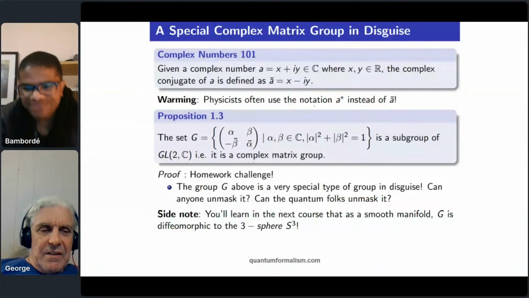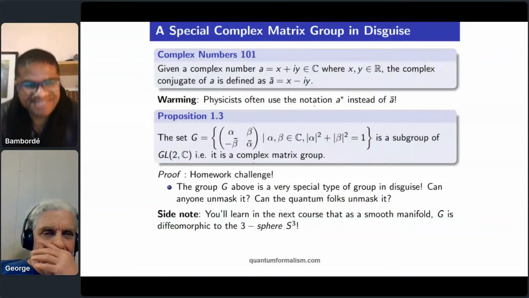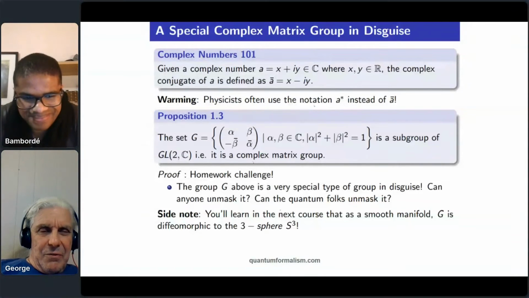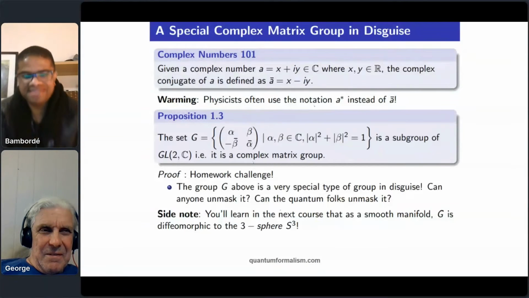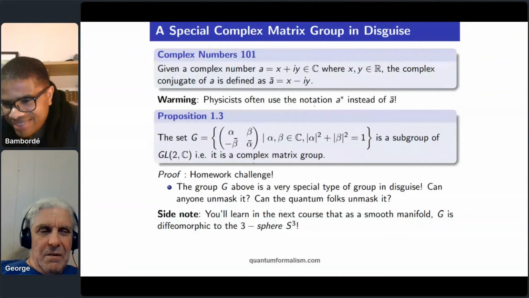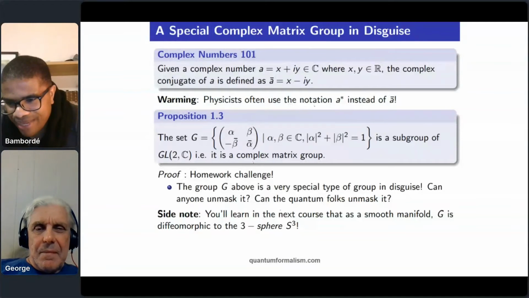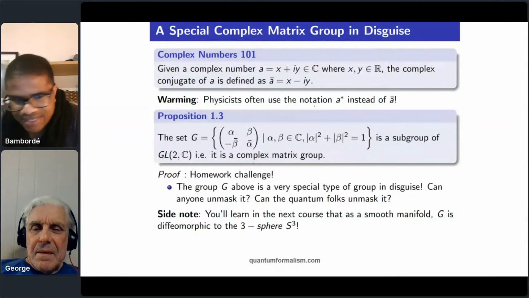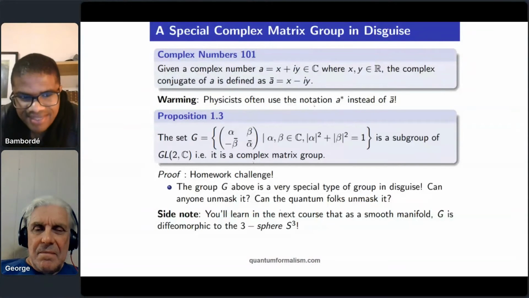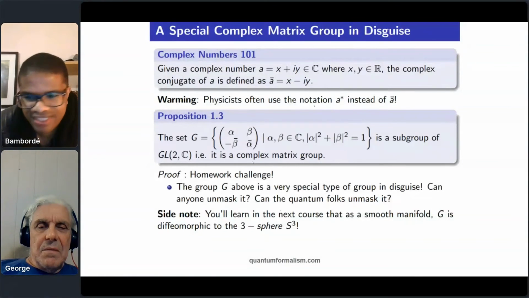I think the other hint you gave about it being a 3-sphere is a big hint geometrically, the norm being 1. So Berend is saying U of bracket. Okay. Quantum computing, guys. Or physics, guys.